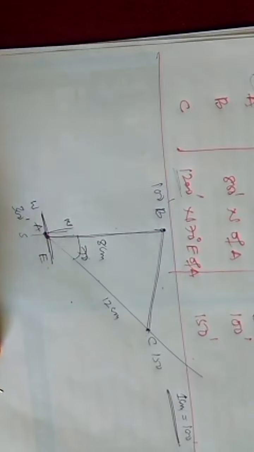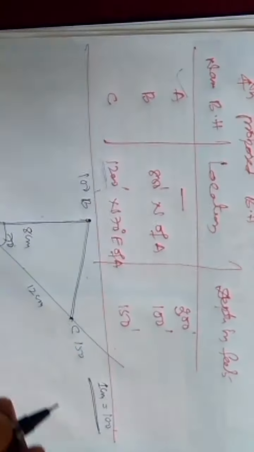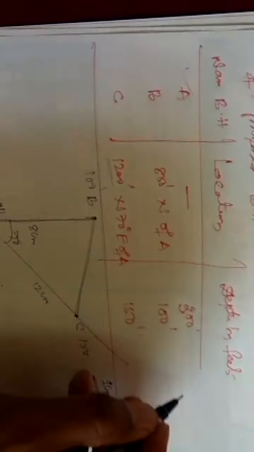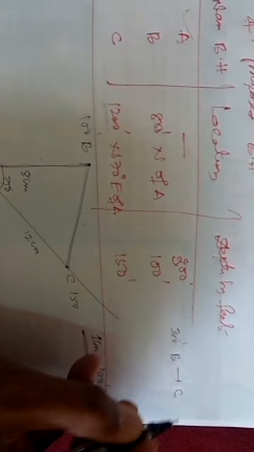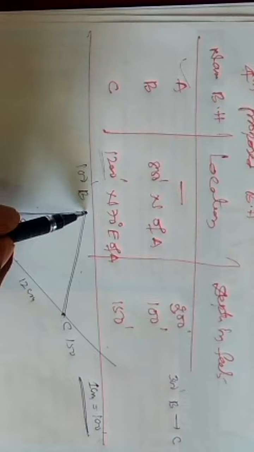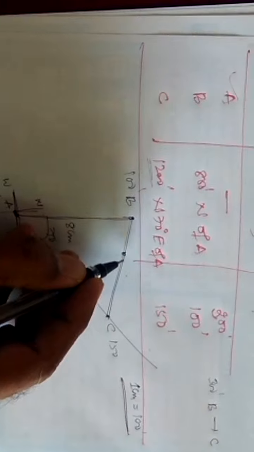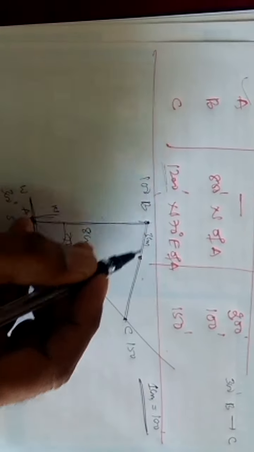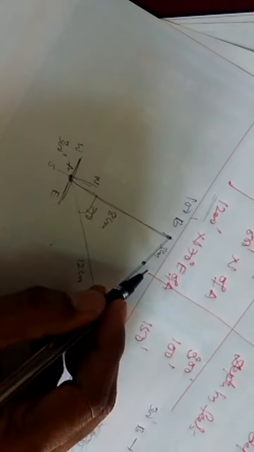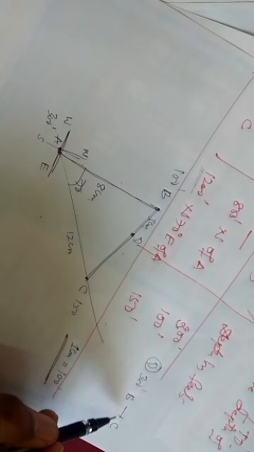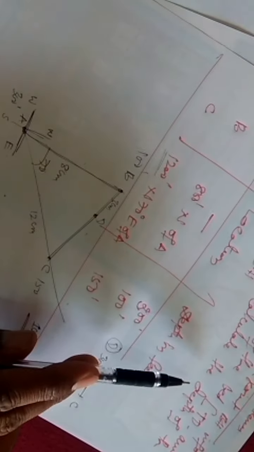And one more question they may articulate here. The fourth proposed borehole, they will dig 300 feet away from B towards C. It means you consider this point B and start your journey towards C. Here is the point, 3 centimeter away from B towards C. Here you have to dig another, fourth borehole D, 300 feet away from B towards C. I have to calculate the depth of the fourth borehole.